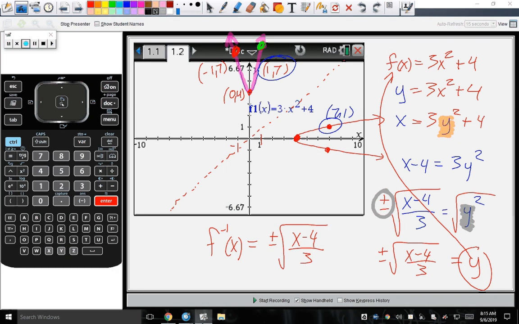Now, the reason why people forget this plus or minus is because they're not remembering that anytime this number is an even number, 2, 4, 6, 8, doesn't matter, you have to account for this with the plus or minus. Because it's like saying this: x squared is equal to 81. Well, most people would take the square root of both sides and think the answer is only 9. But it's actually, when you do this with the variable here, you have to do the plus or minus on the right side.